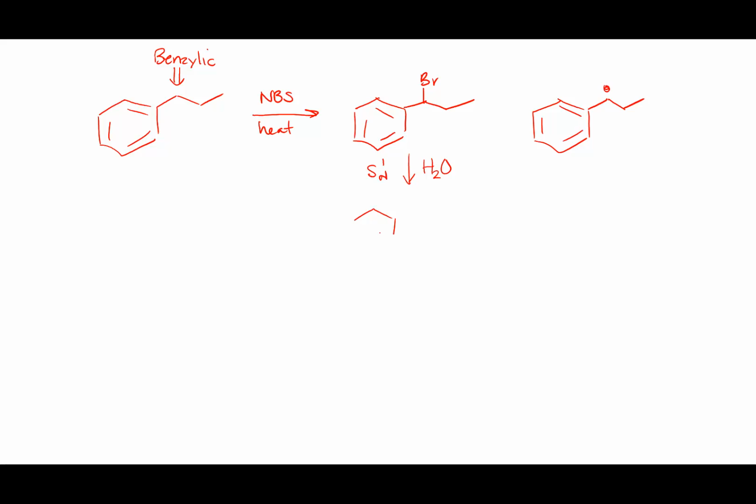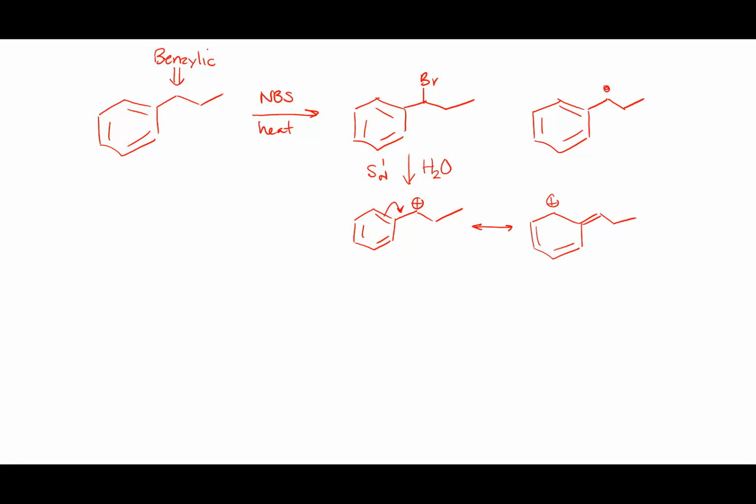So that means that I would form my benzylic carbocation. And benzylic carbocations, that's the special place to form them because that carbocation can now be stabilized by resonance. So I could take this pair of electrons, move it out here to start forming the resonance structures, which would look like that.